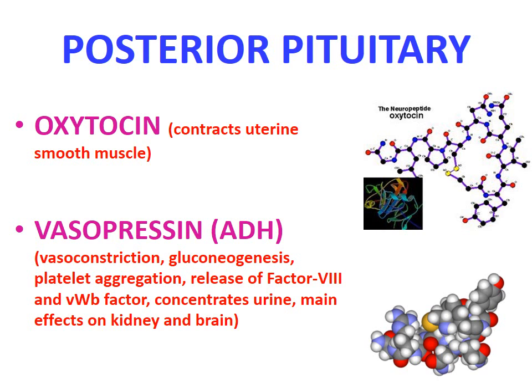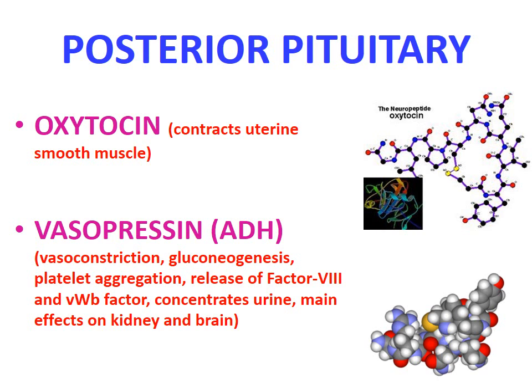Posterior pituitary stores two hormones that are synthesized in the hypothalamus and stored in the posterior pituitary, which comprises axons and axon terminals. These are oxytocin, which contracts uterine smooth muscles during delivery of a baby, and vasopressin, or ADH, antidiuretic hormone, whose main function is to concentrate the urine and reabsorb water through the renal tubules.